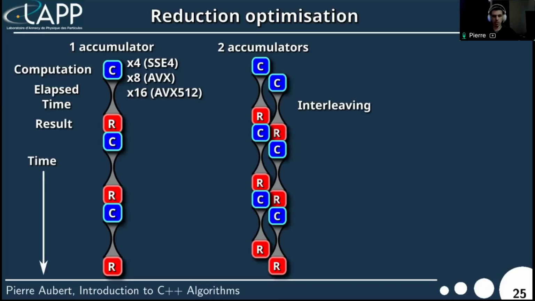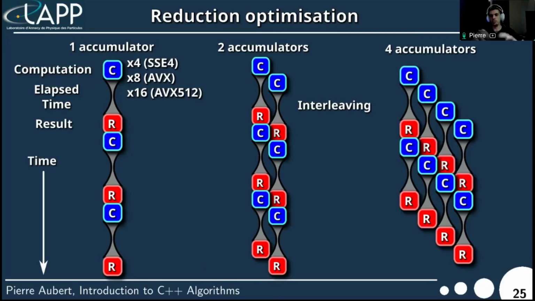And in my little schema here, if I have 4 accumulators, I get the peak performance of what I can do with my reduction here, and I can practically do one computation each time until I can get the next one, and so I completely amortize the waiting time with computation by using other accumulators.